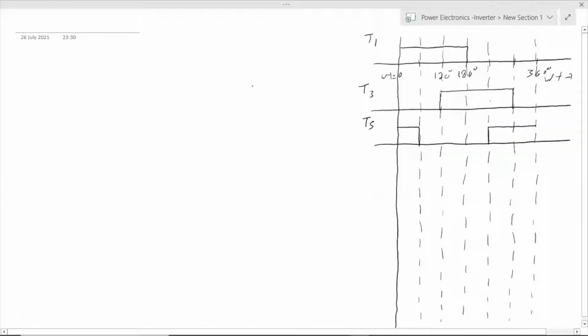So what will that be? This we can say is for T4. Let me write down T4 here, T1 here, and remove T1 from here. Okay. Likewise, this will be for T3 and this will be for T6.